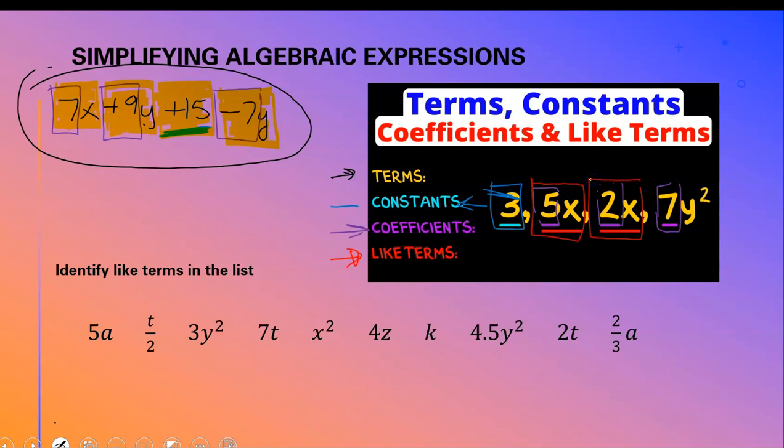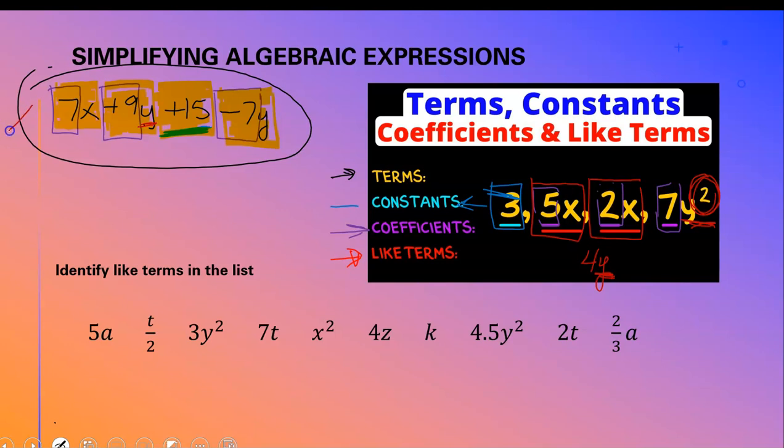A like term is a term, or excuse me, a combination of terms, whether it be 2 or more terms, that have the same variable and the same power. So notice that the y squared here, if I had another, let's say 4y term, y and y squared are not the same. Okay, so it has to have the same variable and the same power.